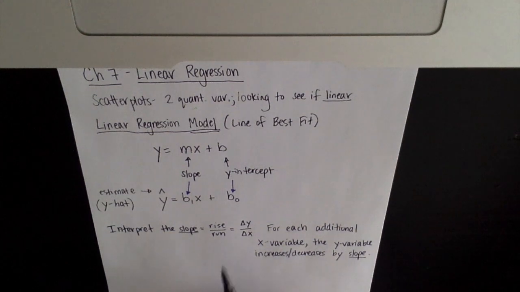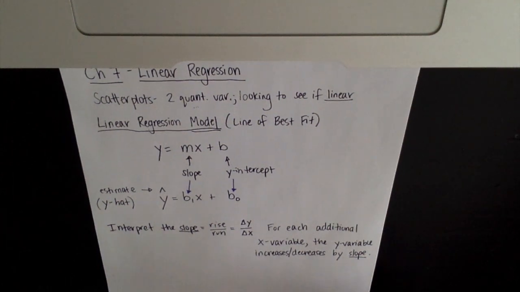So if this was like 2, right? And then let's say these were miles per gallon, so miles over gallons. So for each additional gallon, right, miles per gallon, that'd be terrible, the miles increase by 2, okay? That's how you would describe that based on the units that are given.